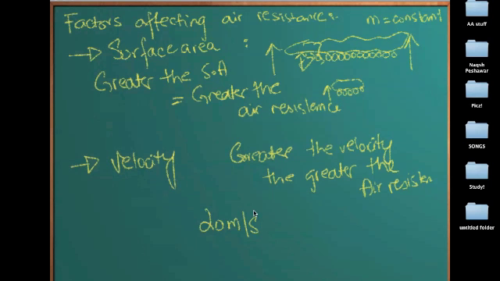But what if you are traveling at 200 meters per second and you suddenly open your windows? There is a huge gush of air coming in, like very high pressured air coming inside your car. That is because of the greater velocity. The greater the velocity, the greater the air resistance trying to oppose it.